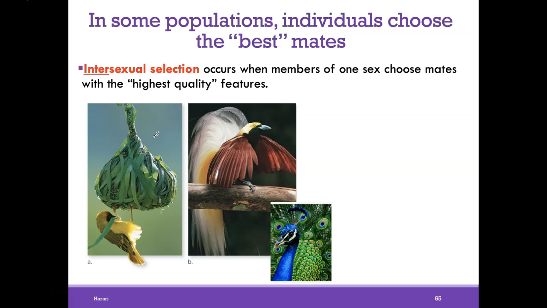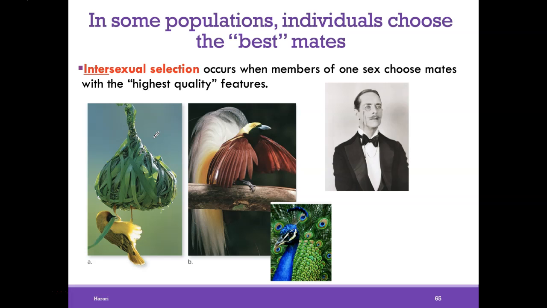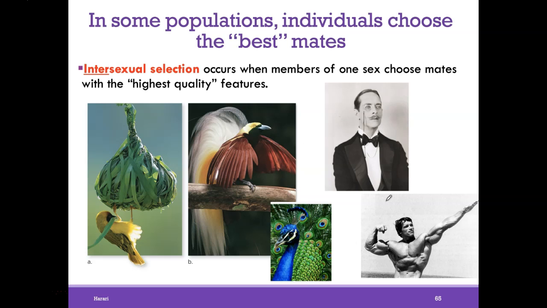And it's important to note that intersexual selection is not fixed. So this is very much based on society, and what society tells us is attractive. So at one point, this might have been the most attractive male for the average woman, where at a different time in history, this might have been the most attractive male for a woman.